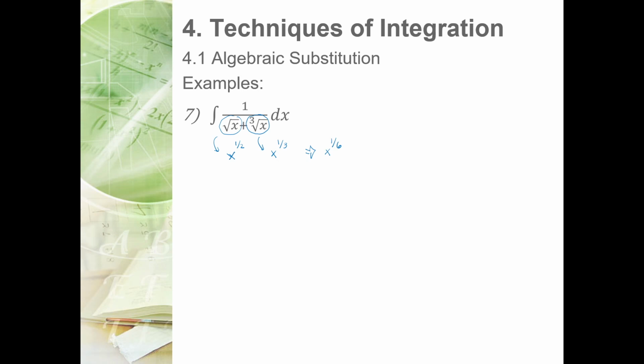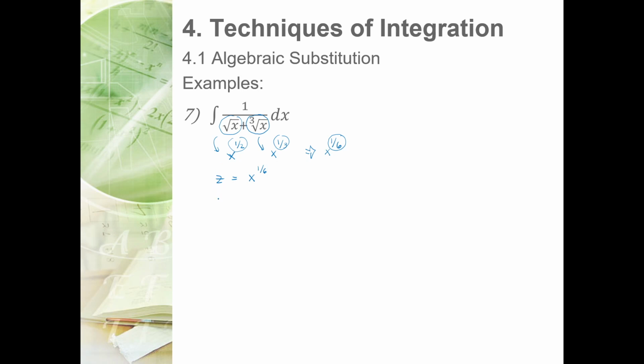The shortcut is just to get the LCD of 1/2 and 1/3. You have 1/6, and this will be our z parameter. z is equal to x to the power of 1/6, or the sixth root of x.